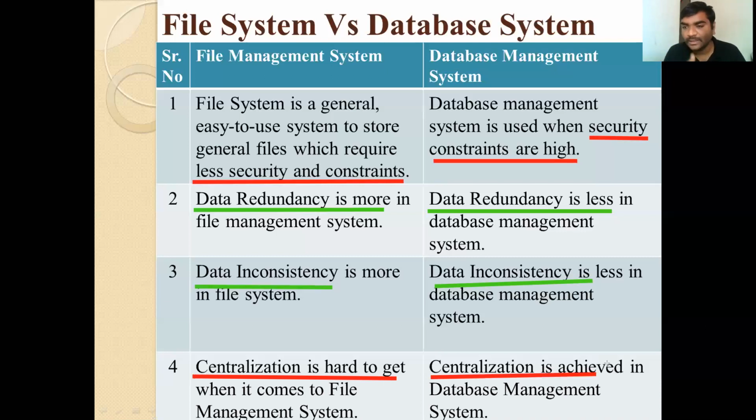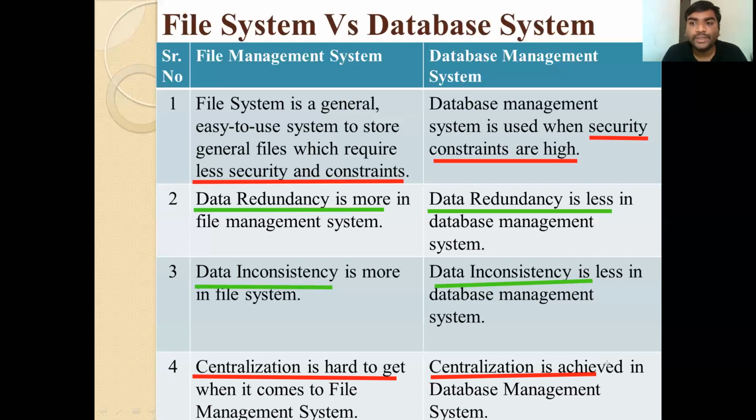Second drawback of the file management system: there is data redundancy, but data redundancy is very low in the database management system. Inconsistent data is available in the file management system, while it is not available in the database management system. The fourth point is very important, that is centralization.